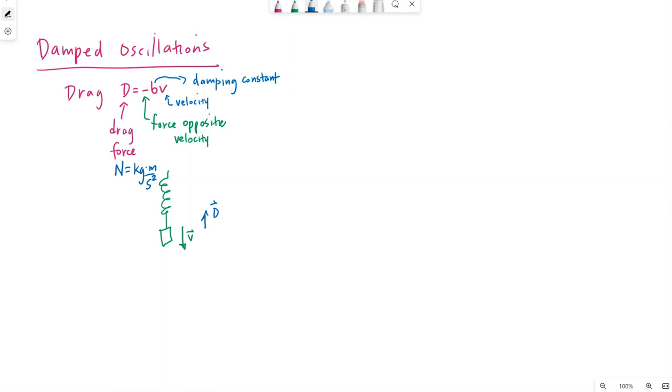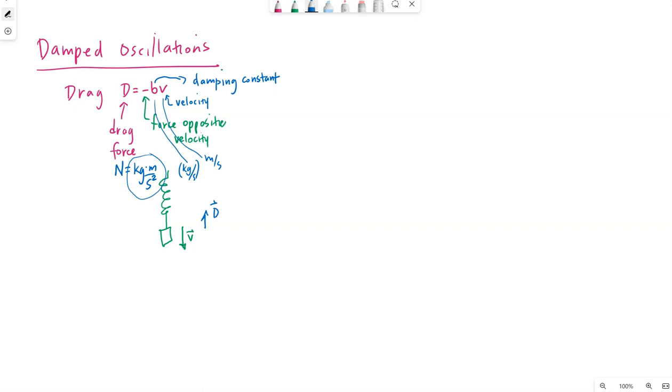B and v, we know v has units of meters per second. So B has to have some sort of units such that when we multiply it by meters per second, we end up with a newton. So B has units of kilograms per second.